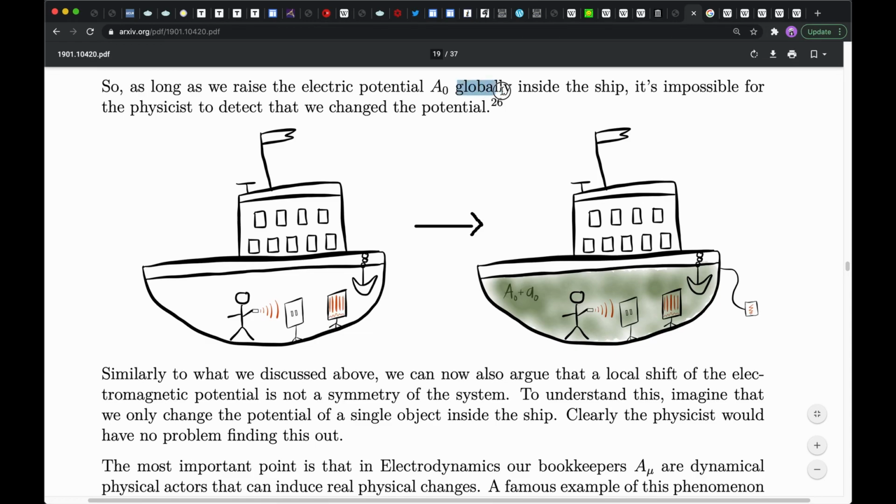Yeah, and you can see here in the article that he says globally inside the ship. That does clarify. So it means that he considers the whole world as if we are inside a very big ship. Okay. So it's basically a global system, the whole isolated system.